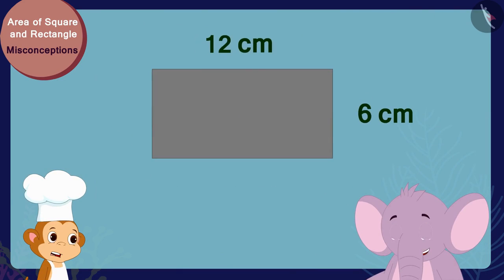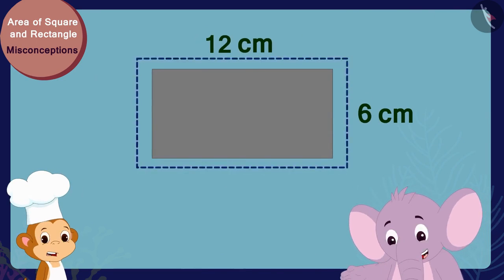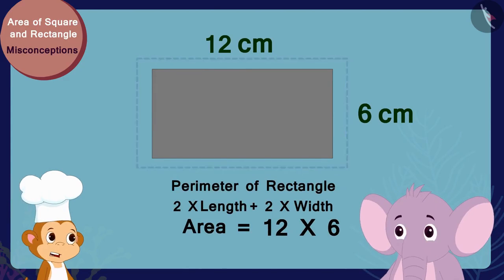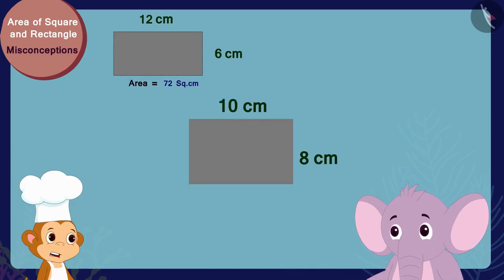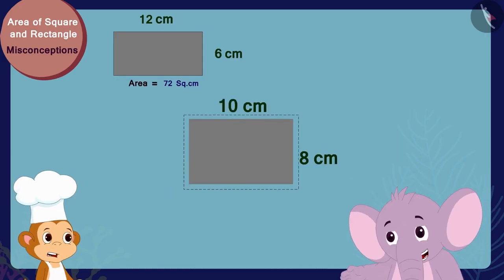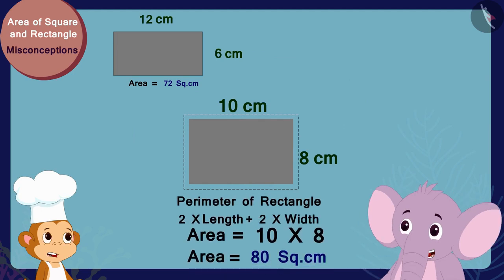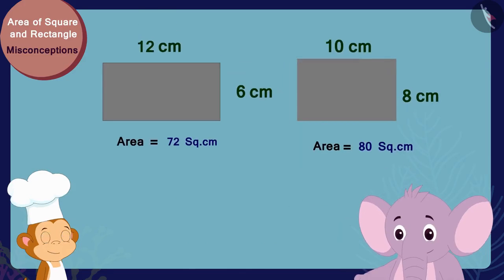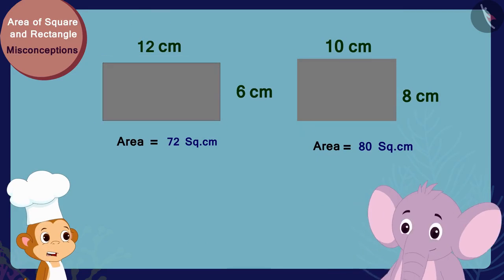Look, the area of this rectangle shaped tray will be 12 times 6 or 72 square centimeters. And the area of this rectangle shaped tray will be 10 times 8 or 80 square centimeters. So, this tray is bigger than this tray.